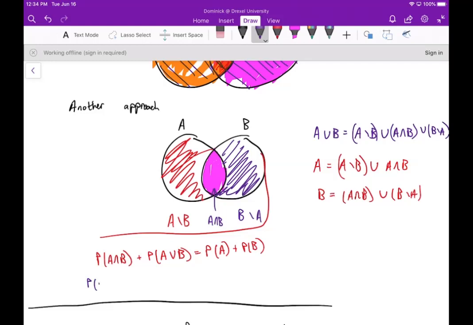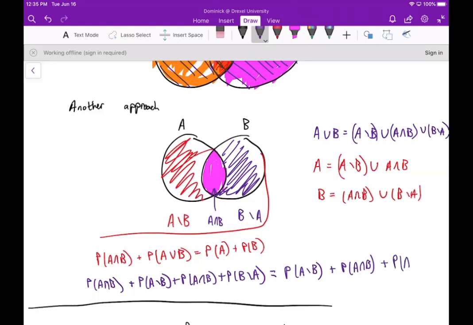The probability of A intersect B, we'll just say the probability of A intersect B. But I can say that the probability of A union B is the probability of A minus B plus the probability of A intersect B plus the probability of B minus A. And that equals the probability of A, which is the probability of A minus B plus the probability of A intersect B, and the probability of B, which is the probability of A intersect B plus the probability of B minus A.